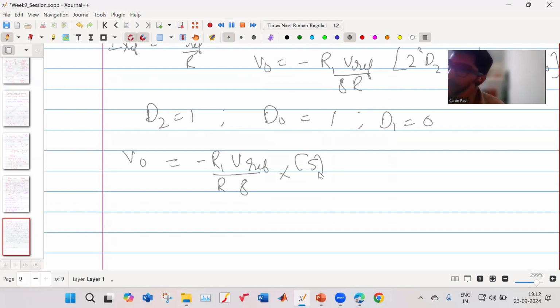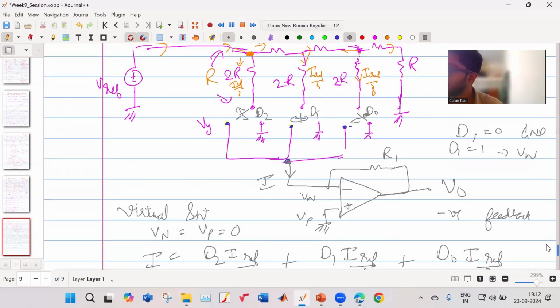So this is how, depending on this digital number which is there, D2, D1, D0, they will be like switches. Okay. They are controlled by some logic, etc. So that logic will decide whether it is connected to the ground or connected to Vn. Okay. Based on that, we will get a particular voltage.